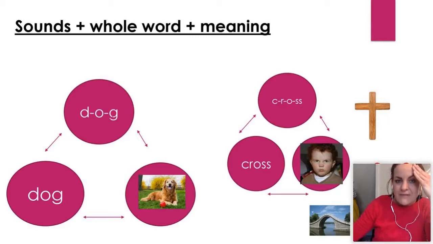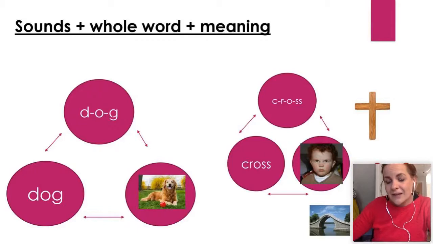Now, the meaning of the word will develop as they experience it in different forms. So if we have a look at the word cross here, this has a couple of issues really for new learners, young children. In the first word, we've got consonant, vowel, consonant, CVC words, just 3 sounds. But if we look here, we've got 1, 2, 3, 4.